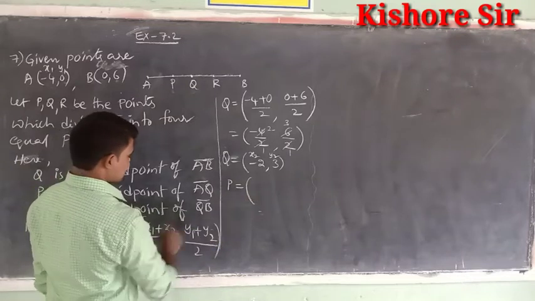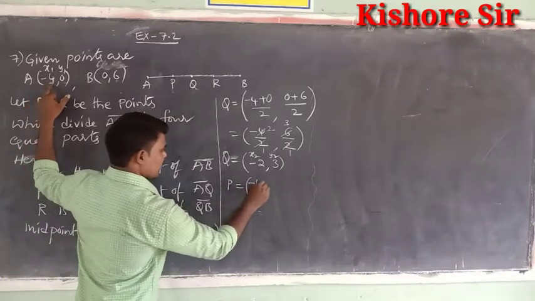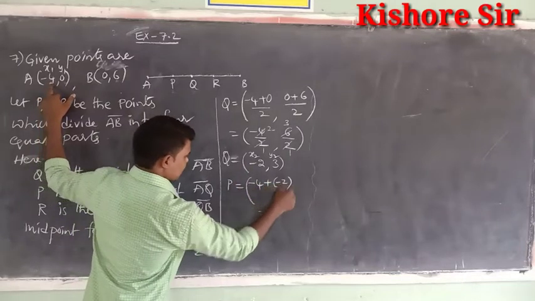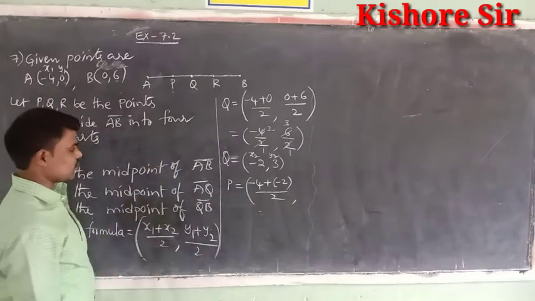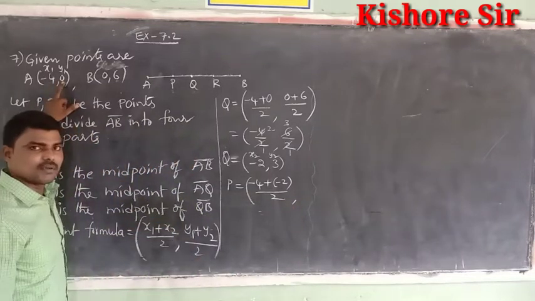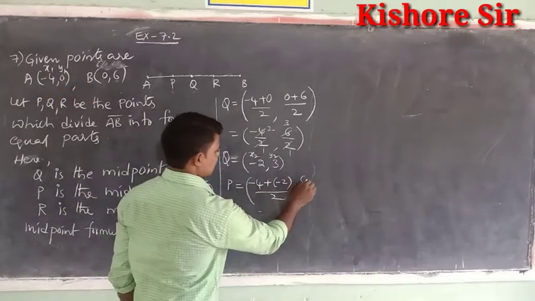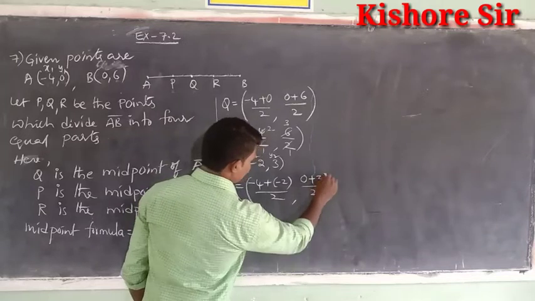The value of x1 is minus 4 plus x2 minus 2 by 2, comma y1 0 plus y2 3, 0 plus 3 by 2.